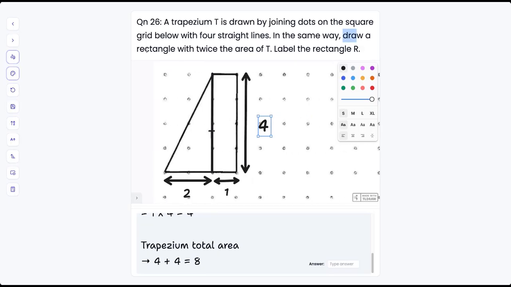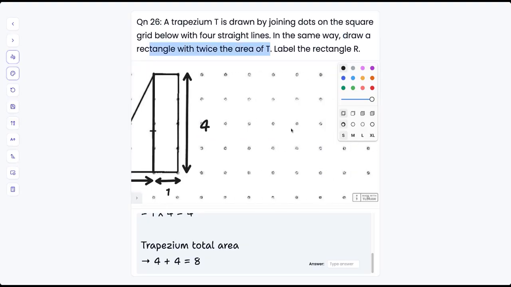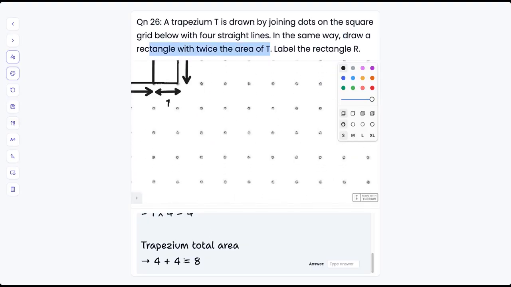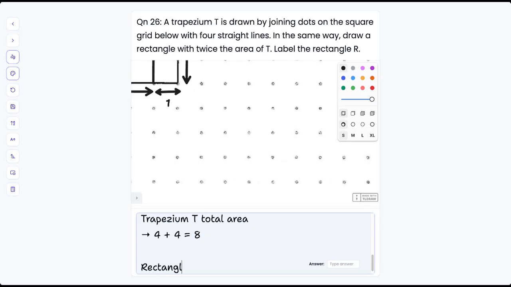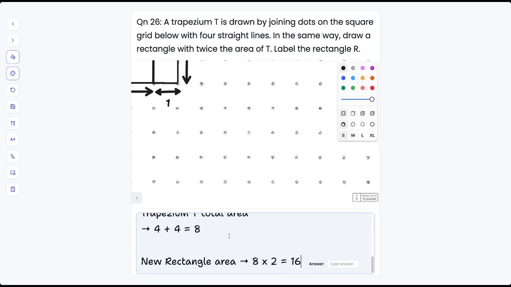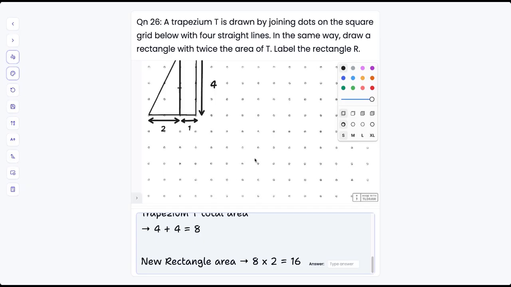In the same way, draw a rectangle with twice the area of T. So that means we need to find the new rectangle area, which is twice the trapezium T total area, 8 times 2, which is 16. So we need to find how to draw the rectangle.